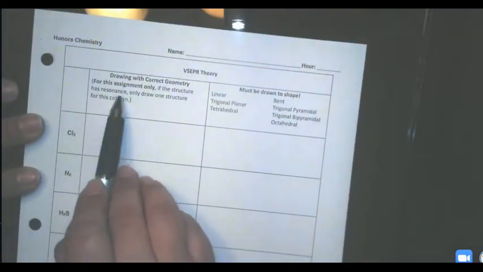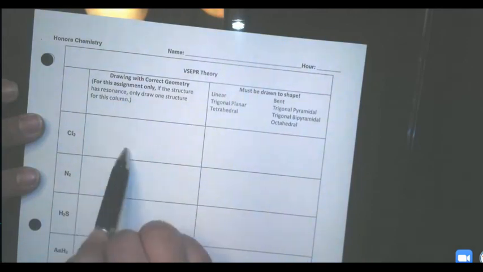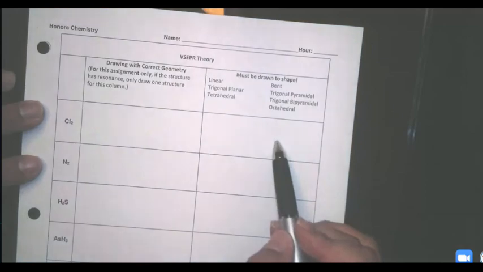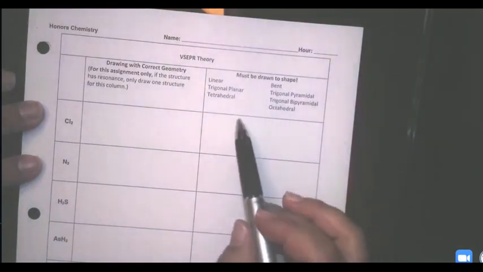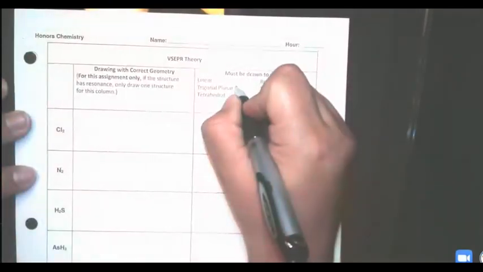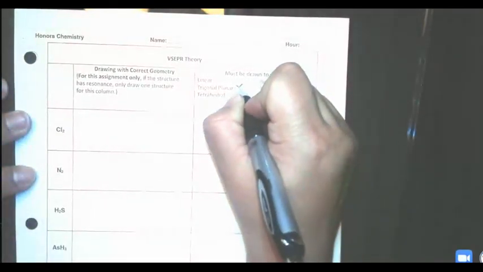Your homework is to do bonding 3. It says here, for this assignment only, if the structure has resonance, you only have to draw 1 in this column. And then you have to tell me what is the name of the structure, and it must be drawn to shape. So you draw it to shape here. So if you tell me that it's trigonal planar, right, it has to look like a Y, right?